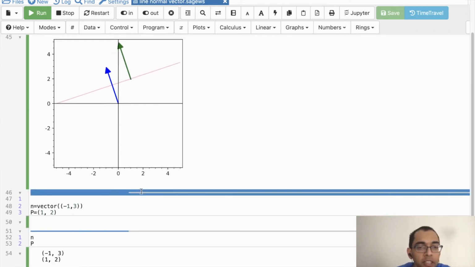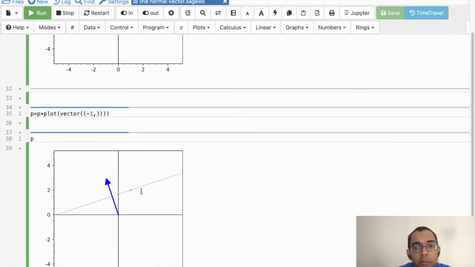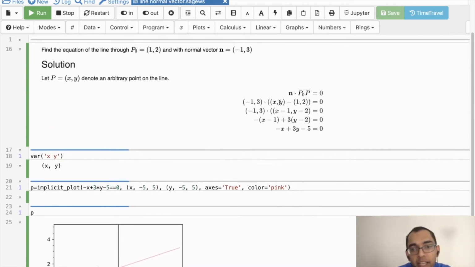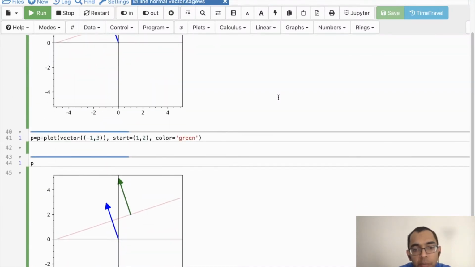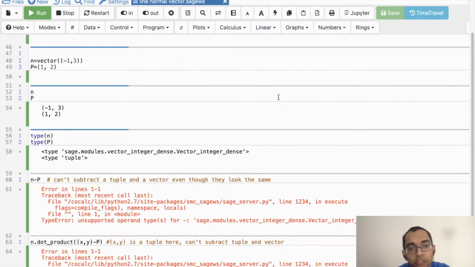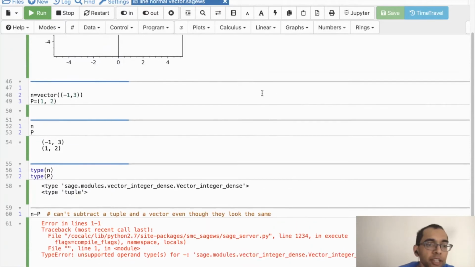Now let me do this problem a different way, where we go back and use this very first equation, because Sage Math does have the capability to compute dot products. Let n be our normal vector. I've entered it as vector of (-1, 3), and be sure to have these double parentheses.